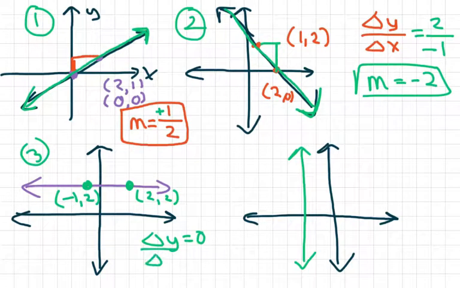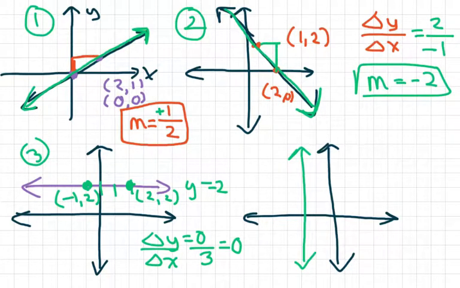And now I need to do my change in X. My change in X is we're going from -1 to 2. So that's 1, 2, 3, over 3. Well, 0 over 3 equals 0. This has a 0 slope. So a horizontal line, this is Y equals 2, has a 0 slope.